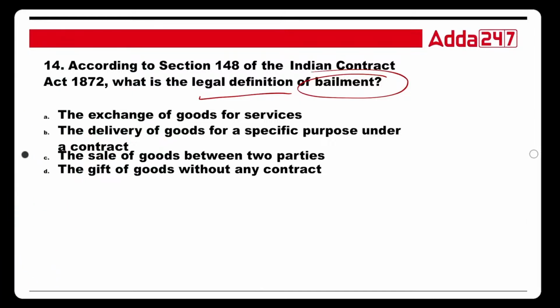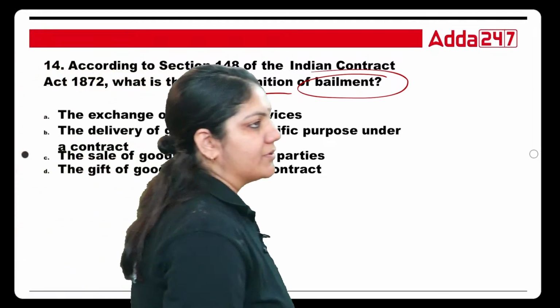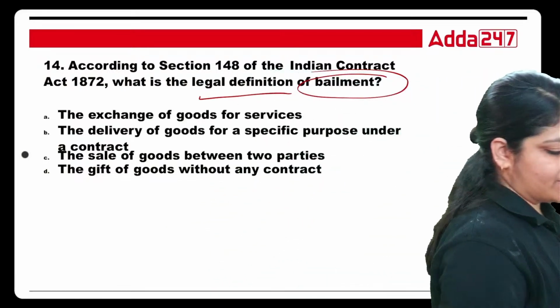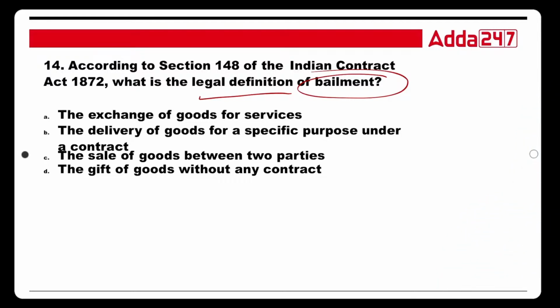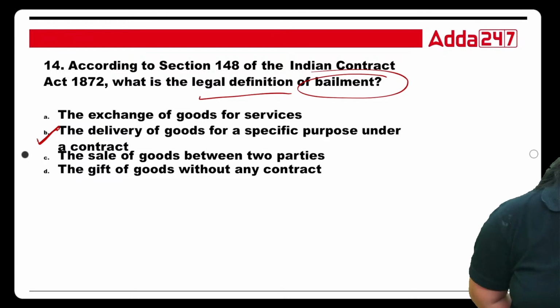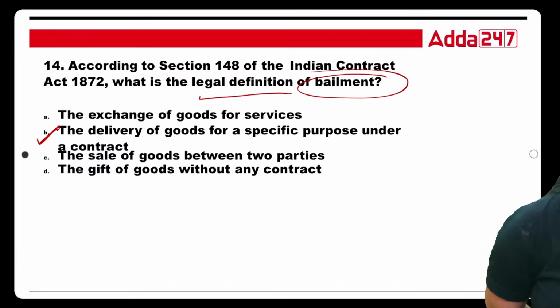Because these terms are very, very important, and in today's module B we will cover all the questions class. Bailment means, suppose Nikkita Ma'am has given a suit to the tailor, so I can take back my suit. So that's why the right answer is delivery of goods for a purpose under the contract. So 14th one, B is the right answer.